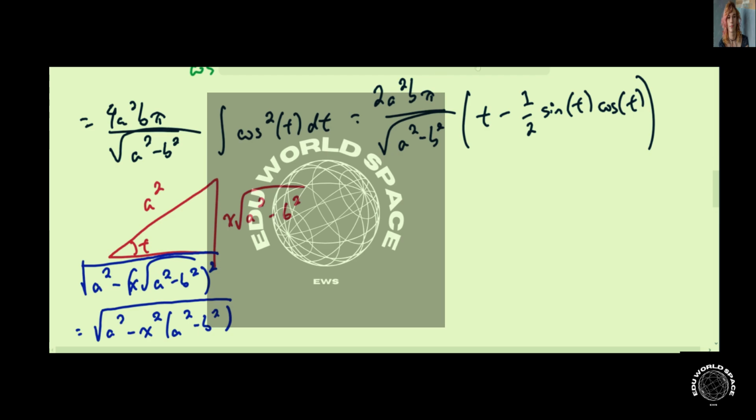Okay. Now, what we're going to have is, we know we have this 2a squared b pi over the square root of a squared minus b squared.